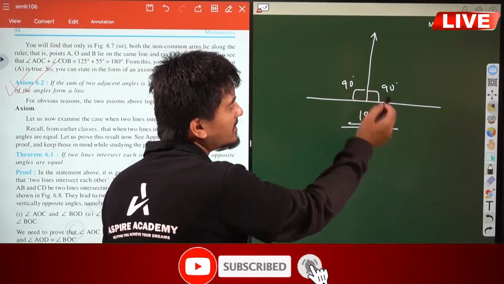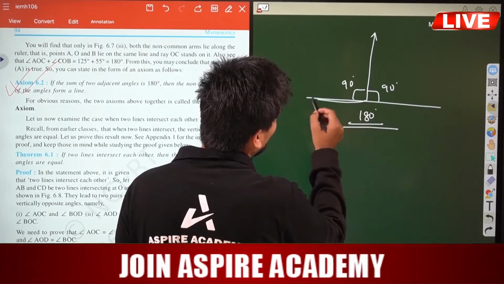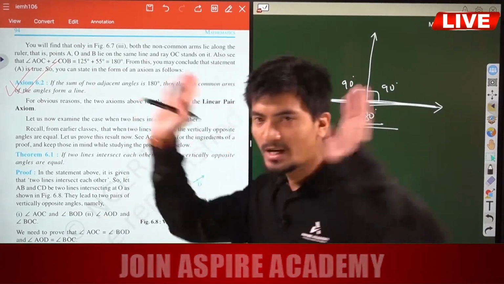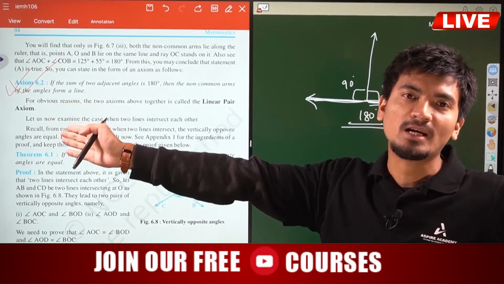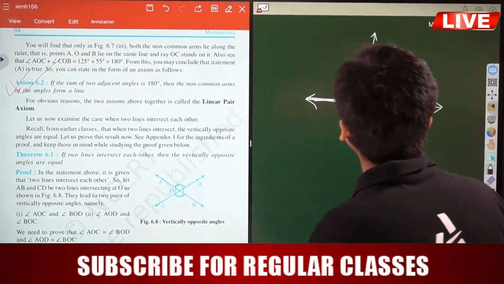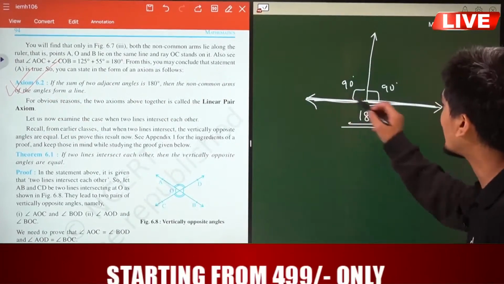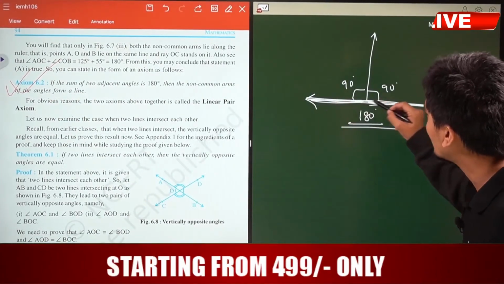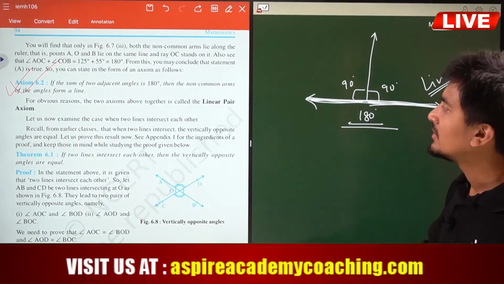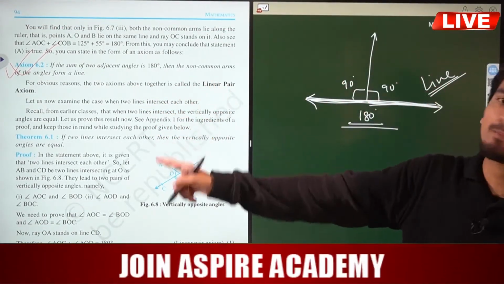So these two angles are known as adjacent angles. Since this arm and this arm are non-common, they are facing opposite to each other. One is facing this side and another is facing this side. So the non-common arms form a line. These above two axioms are together called the linear pair axiom.